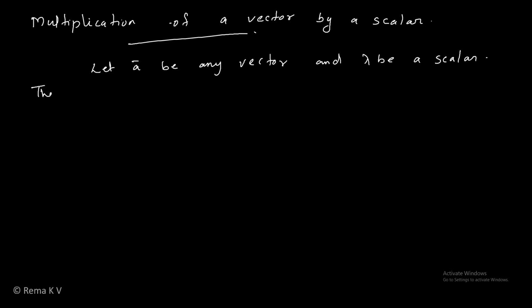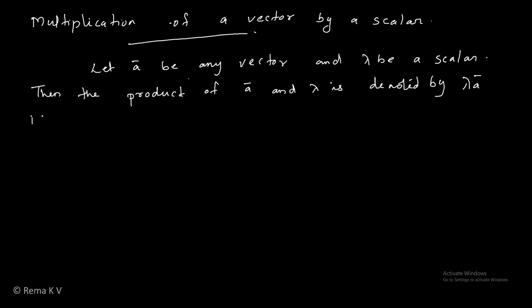Then the product of vector A and the scalar lambda is denoted by lambda A, and is a vector which is collinear to vector A.